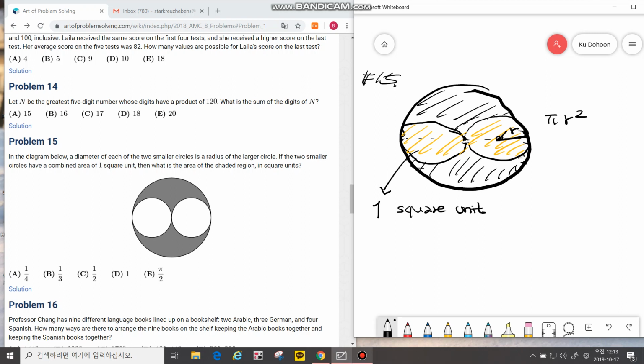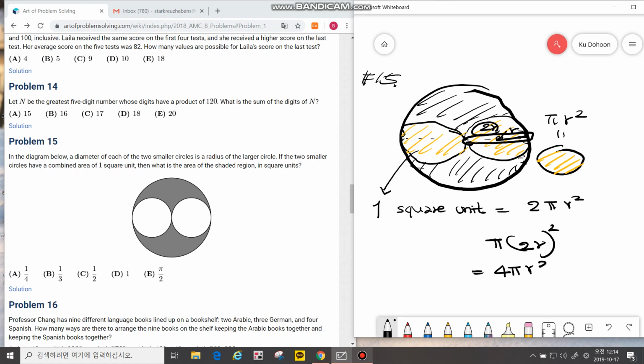So 1 square unit is the same as 2 pi r squared, because pi r squared is the area of one smaller circle. Since this is r, this whole thing becomes 2r. The area of the big circle is then pi times 2r squared, which is 4 pi r squared.